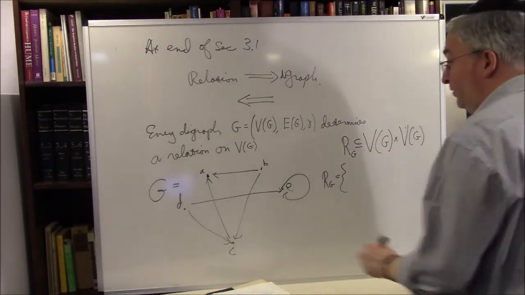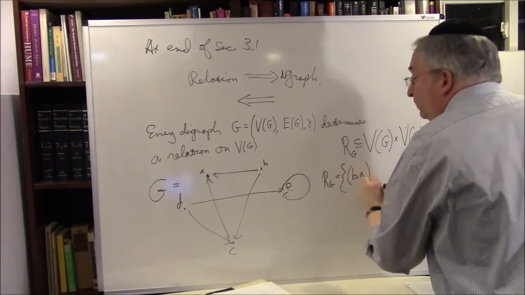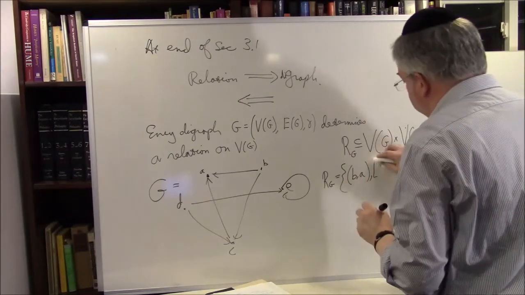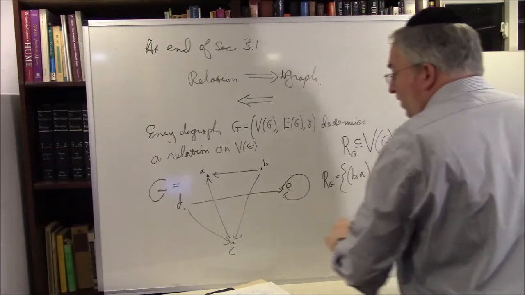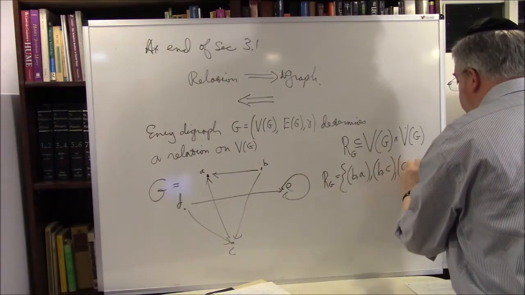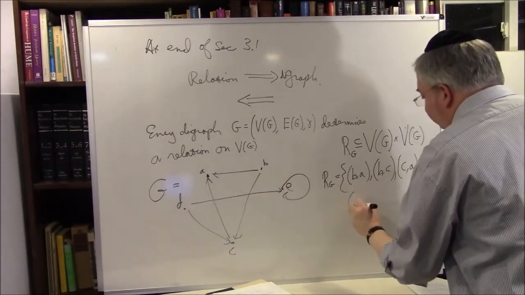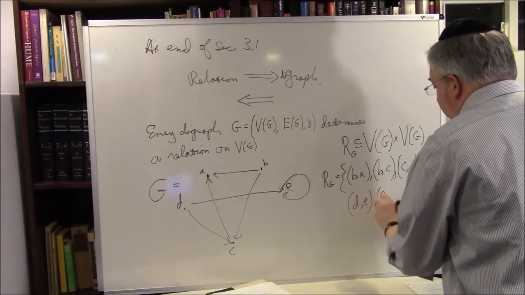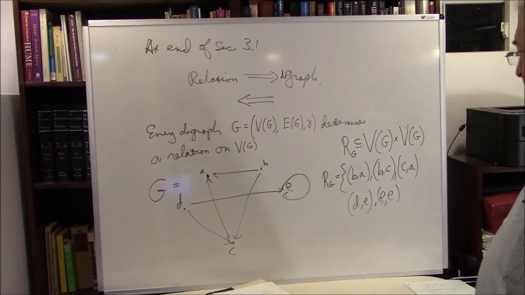There's an element from B to A. There's an element from B to C. There's an element from C to A. There's an element from D to E. There's an element from E to E. What did I miss?